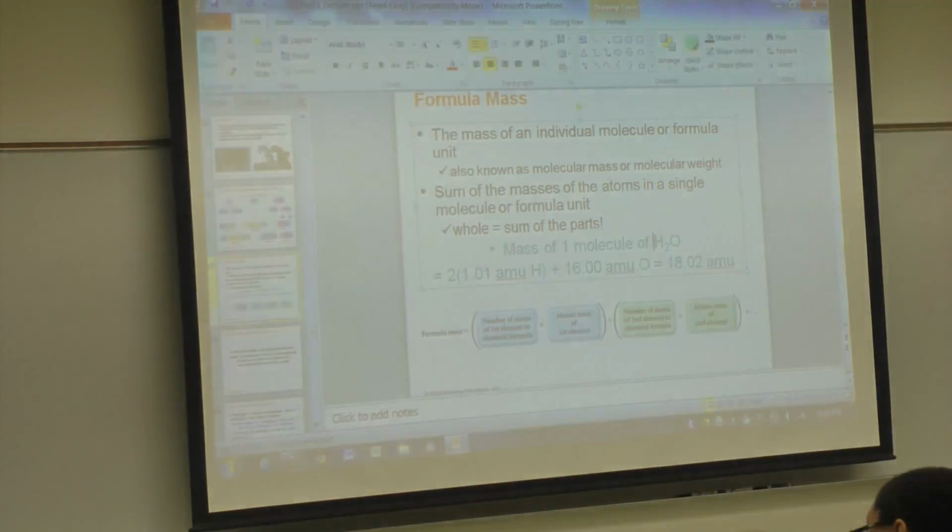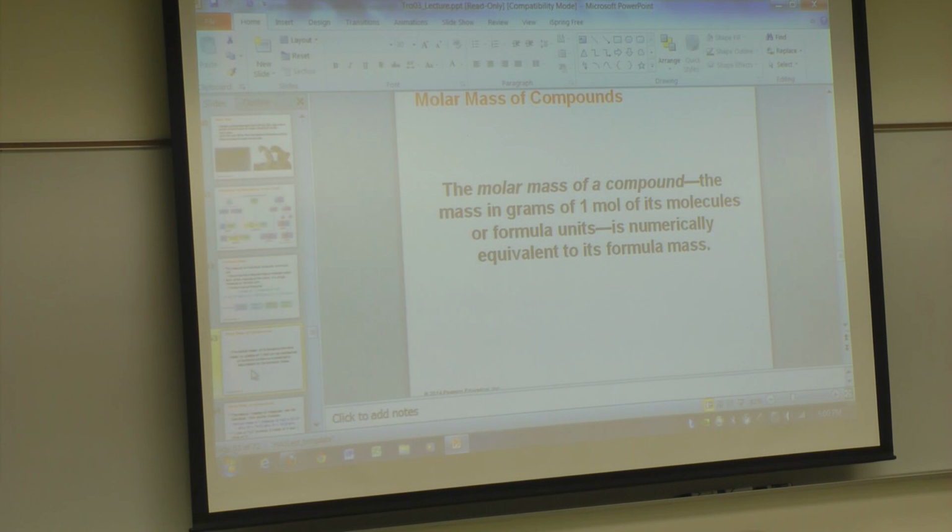For water, which has 2 hydrogens, we write 2 times the atomic mass of hydrogen, which is 1.01, and add that to the atomic mass of oxygen, which is 16, to give us 18.02 atomic mass units.